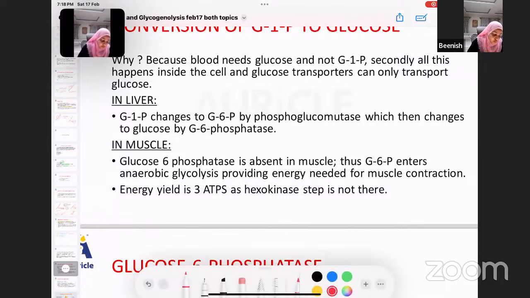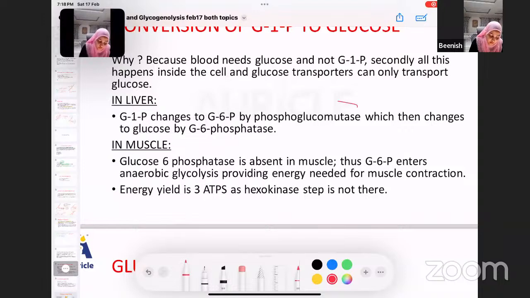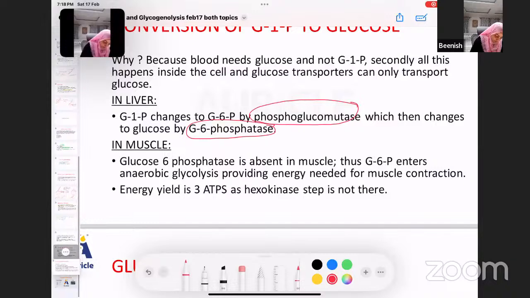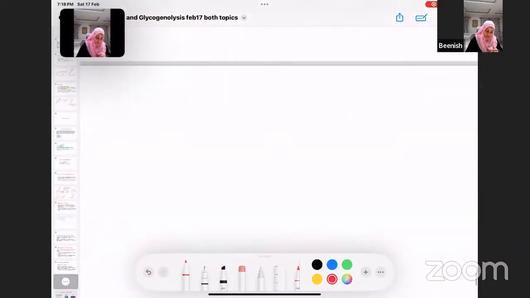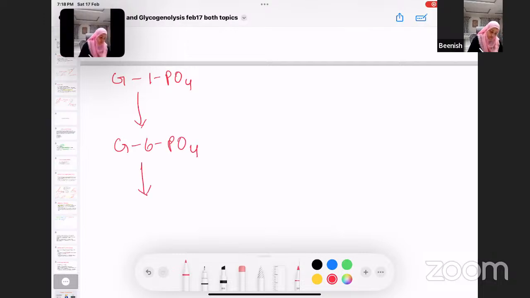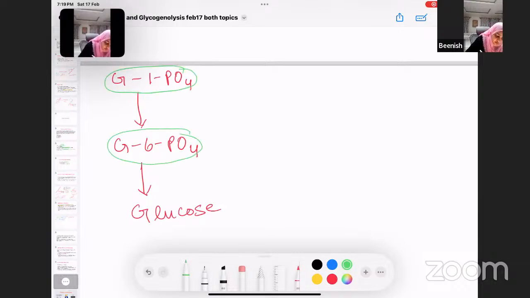Now what happens is in liver, glucose 1-phosphate changes to glucose 6-phosphate by phosphoglucomutase, which then changes to glucose by glucose 6-phosphatase. Glucose 1-phosphate changing to glucose 6-phosphate is an isomerization reaction, so a mutase enzyme is involved, because from position 1 the phosphate goes to position 6.